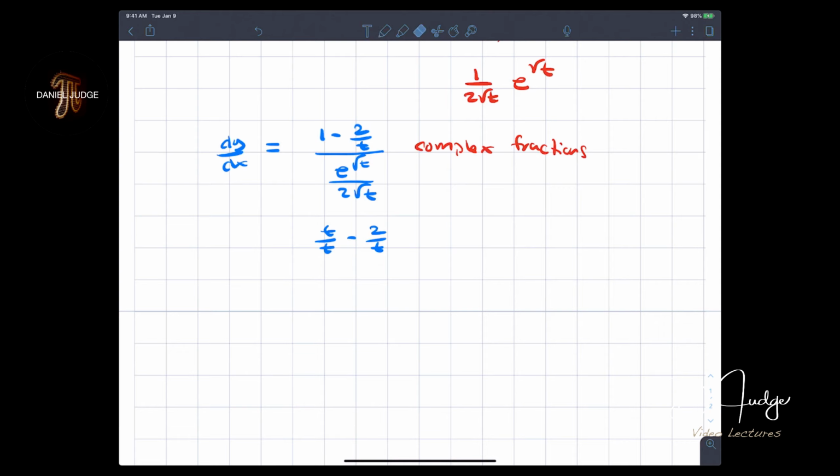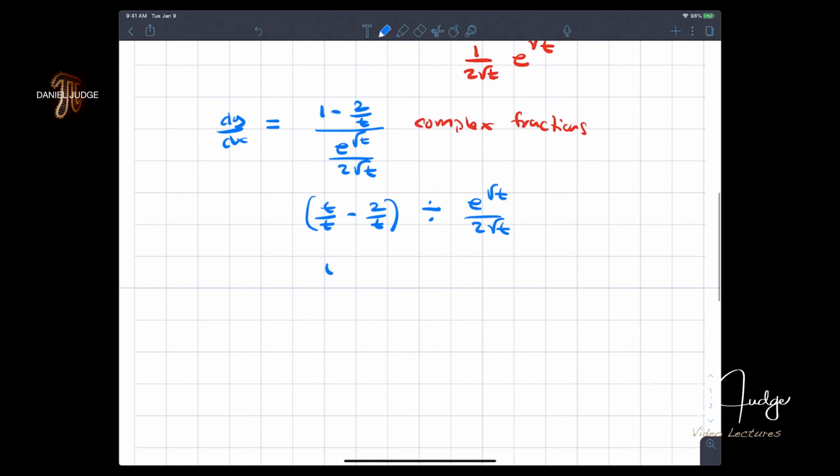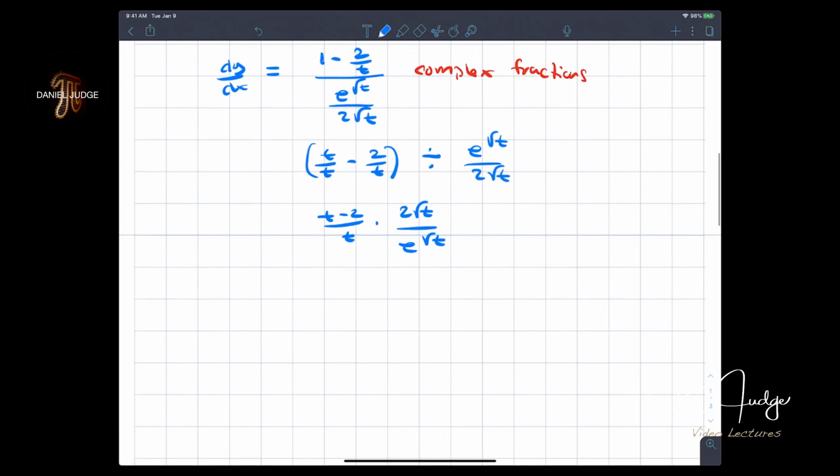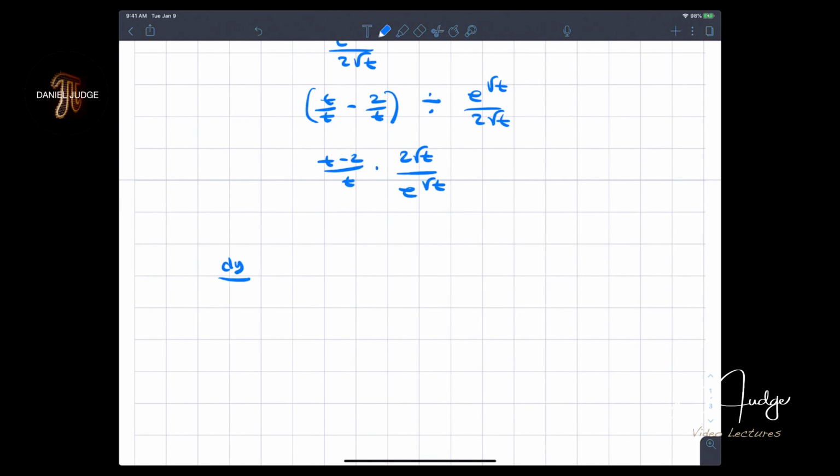And I'm going to multiply. You say, what do I multiply? Well, if you want to see every detail from the algebra, you really divide by e to the square root of t over 2 square root of t, which comes out to be multiplication. So you're going to have t minus 2 over t times 2 square root of t over e to the square root of t. So let's see what our dy dx becomes. This is the derivative: 2 square root of t minus 2 over t e to the square root of t.